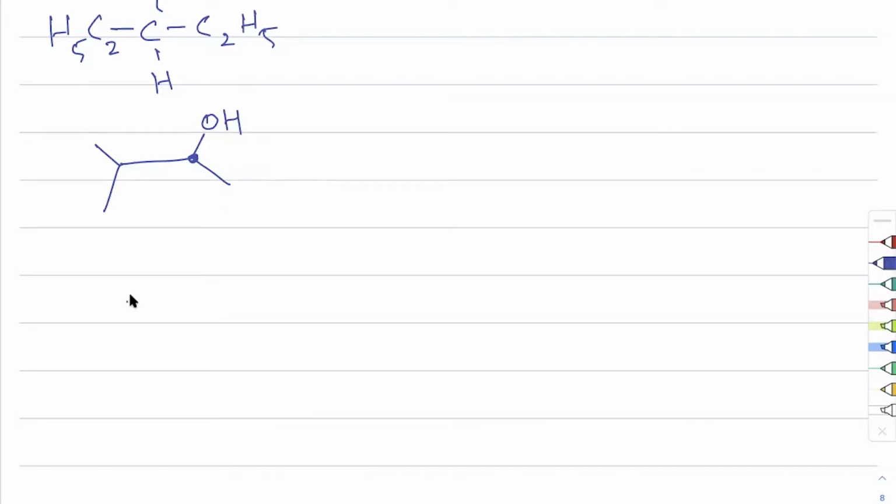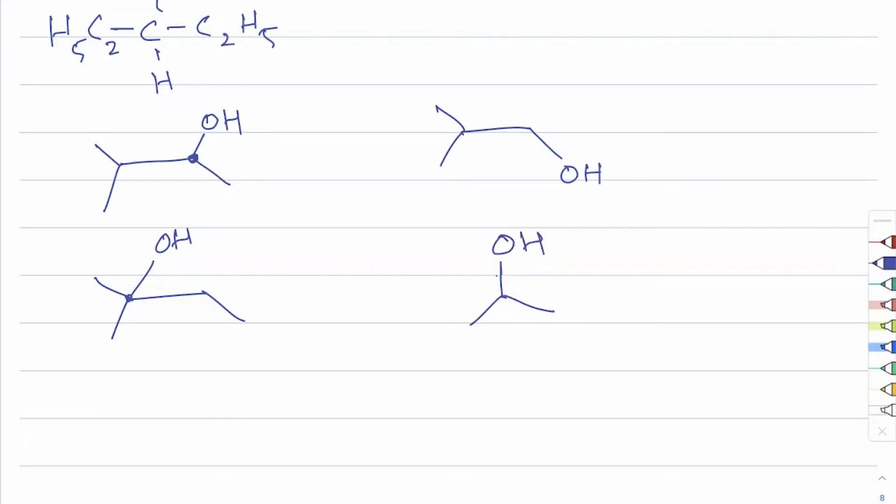Okay. Will this one do iodoform? Yes, sir. Why? Because it has OH and then on the same carbon it has CH3. It has two CH3. Yes. Okay. This one. No, sir. This one. Yes. Done.